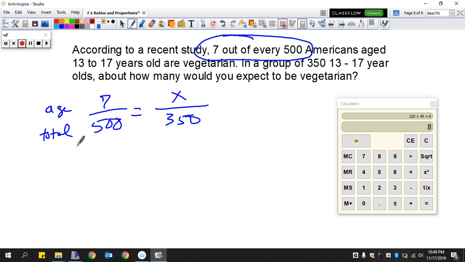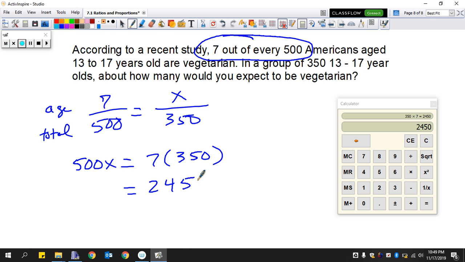Notice here that our total, 350, is less than 500, so we would expect our x to be less than 7. So we have 500x is equal to 7 times 350. 350 times 7 is 2,450, divided by 500.